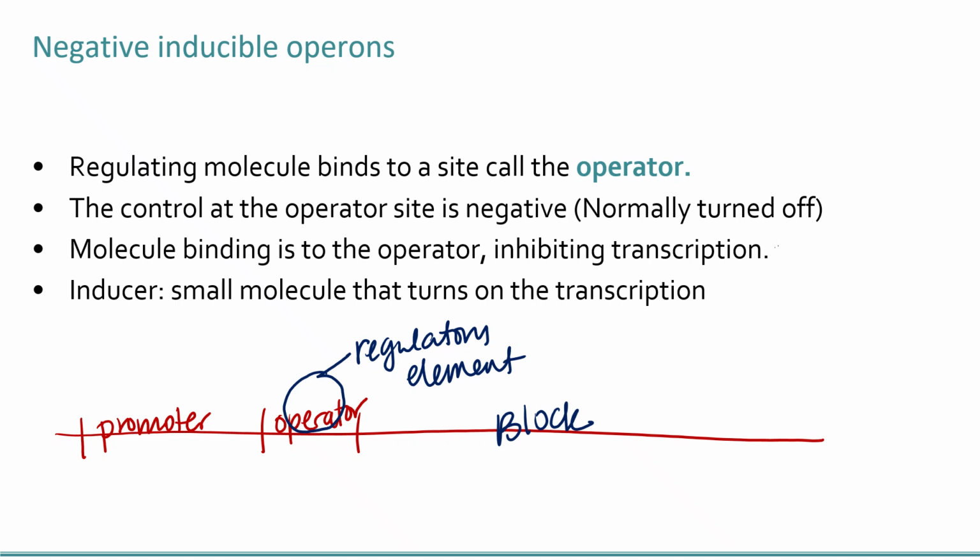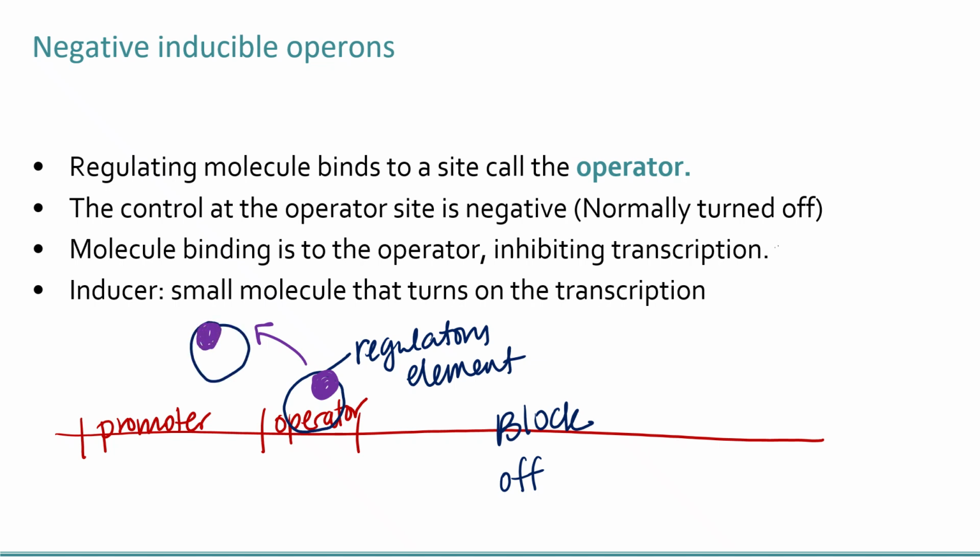So we are going to keep our gene off until it is ready to be turned on, in which case another little molecule, our inducer, binds to it and causes that operator to release.